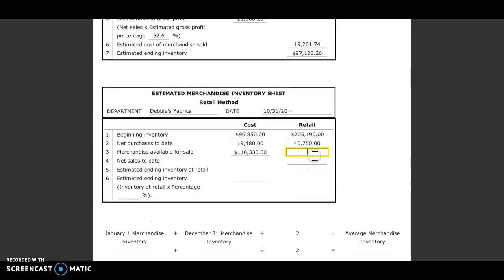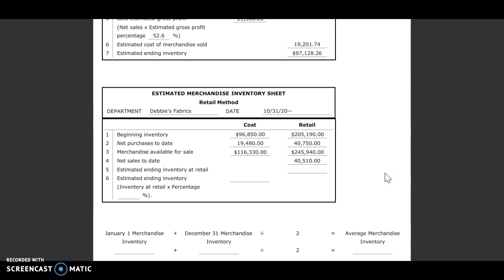And then retail is going to be $245,940. Okay, next is going to be our net sales to date that they give us in our directions, so 40,510.